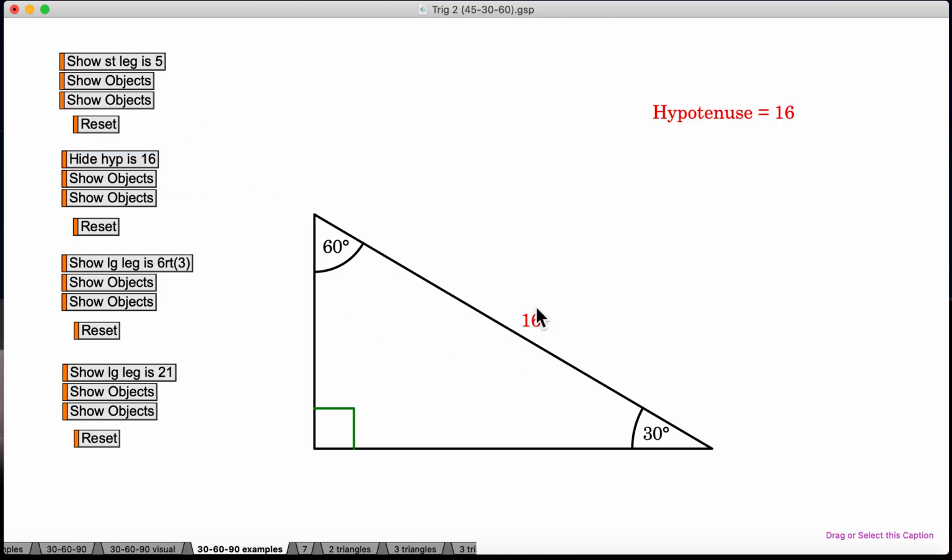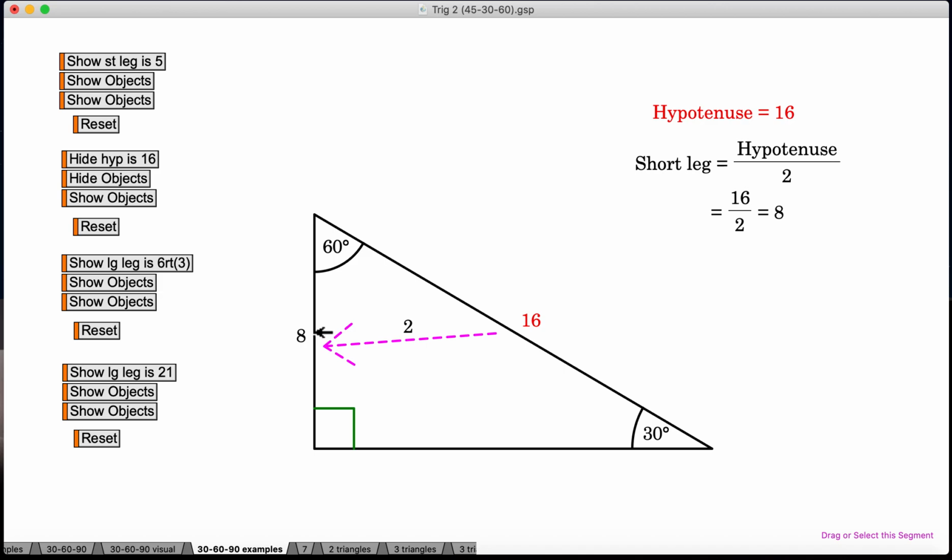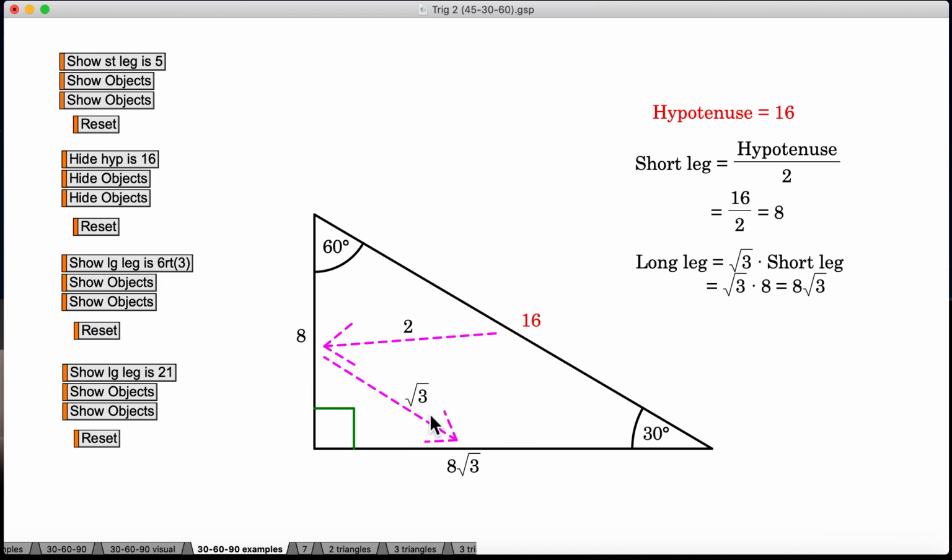If I start with the hypotenuse, if the hypotenuse is 16, remember I always want to go to the short leg, which is opposite the 30, okay? Which means I divide it by 2, which becomes 8. And then now I can go from the short leg to the long leg, which means I would multiply it by root 3. So the long leg is then 8 root 3.